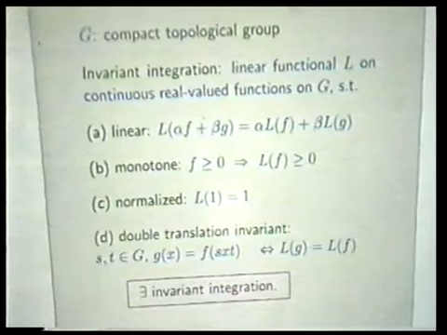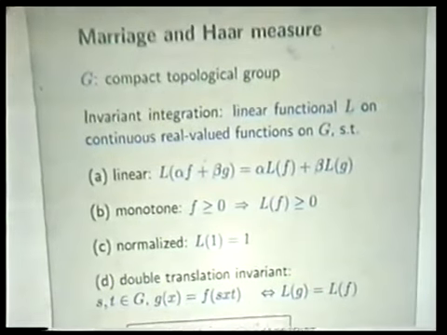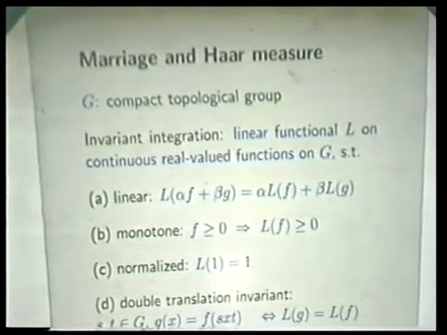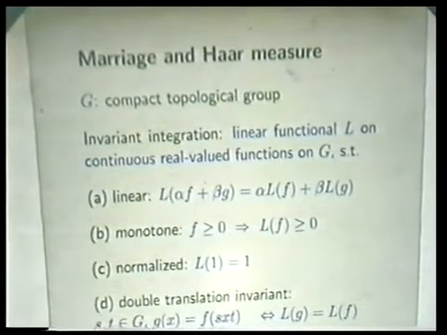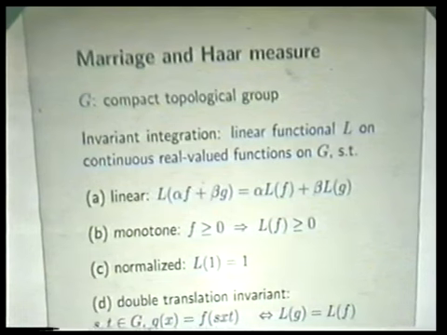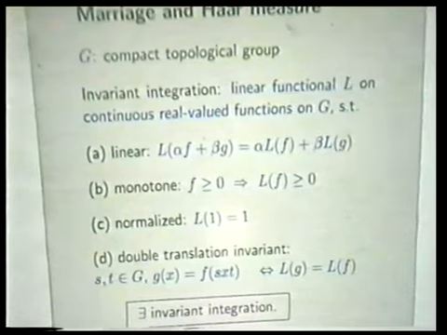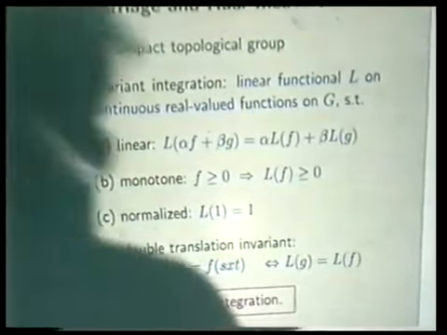What I would like to show you is that there is an argument which is very natural, and at some point there is a discrete theorem which really carries the weight. So let me try to describe it. So it's normalized, and it's translation invariant from both sides.